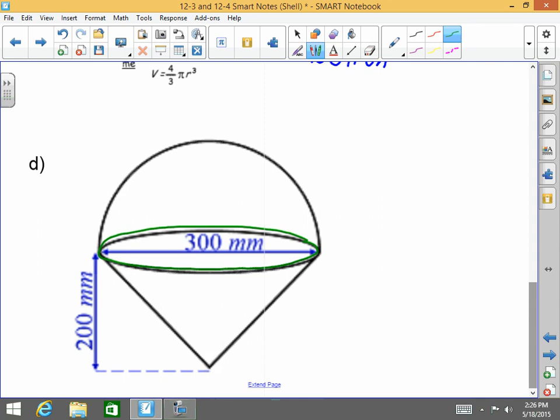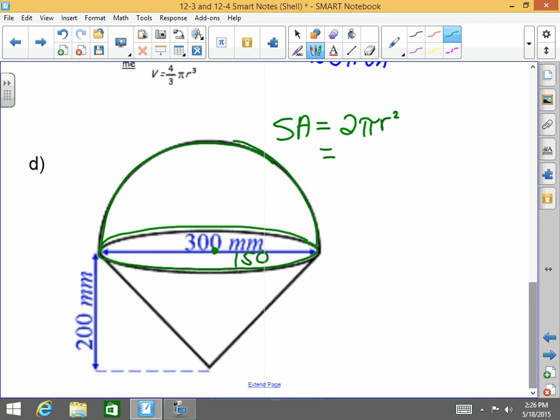Because my hemisphere here, let's do the green's hemisphere. My surface area is 4 pi r squared, but of course it's hemi, so it's 2 pi r squared. Okay? You with me here? So my radius is 150.